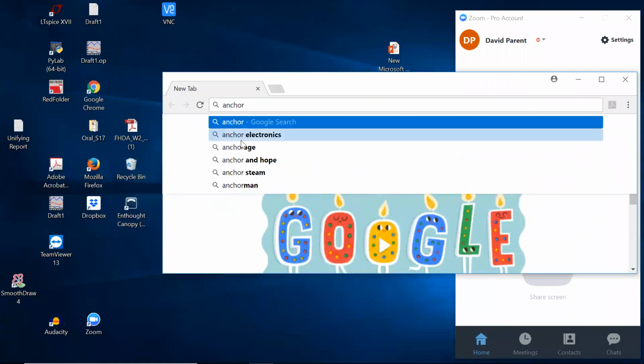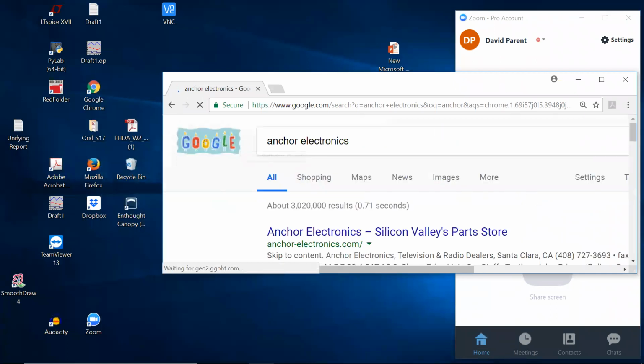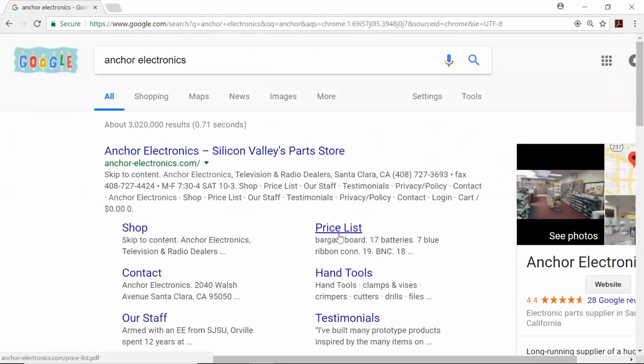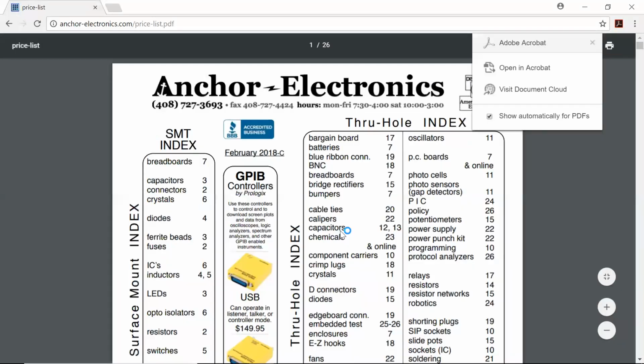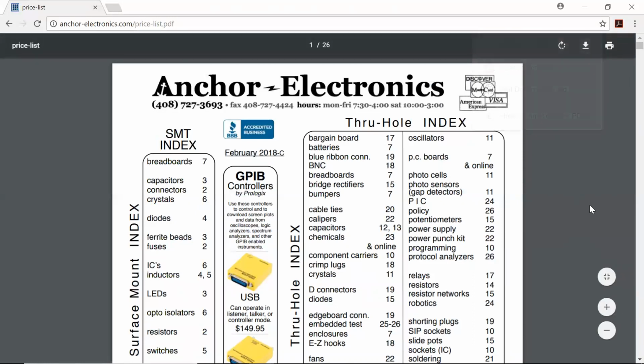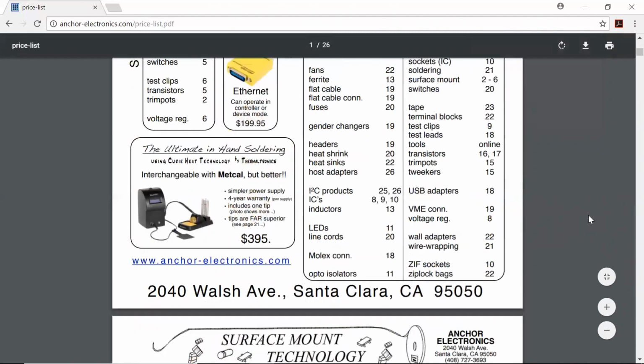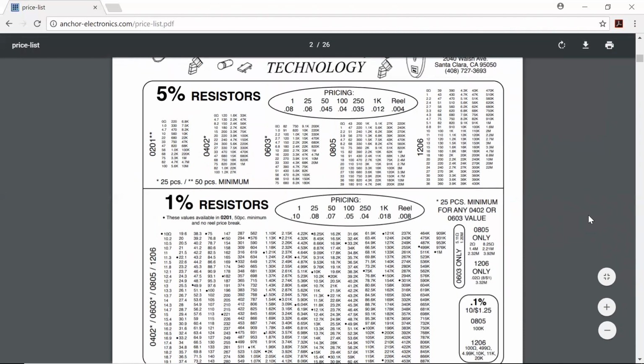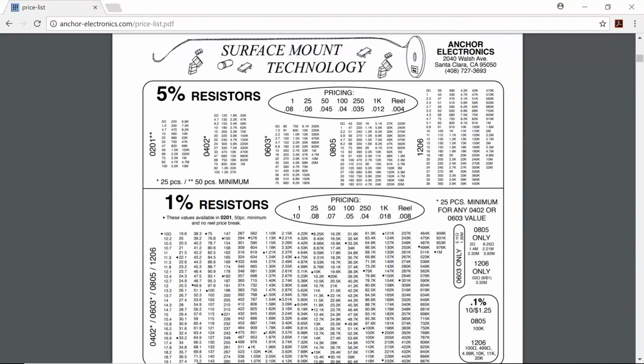Oh, see, it comes right up. Price lists. I don't make any money by sending business their way, but this chart is just so handy. So these are surface mount resistors, 5%.